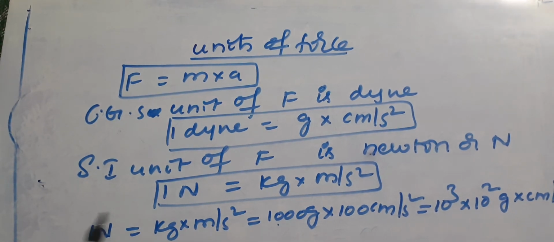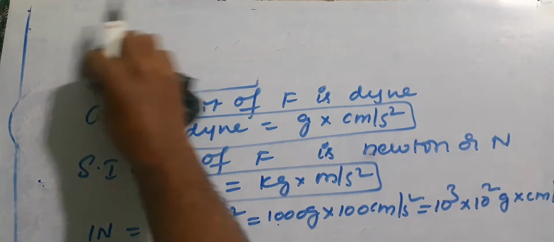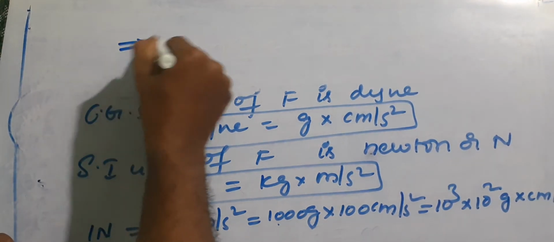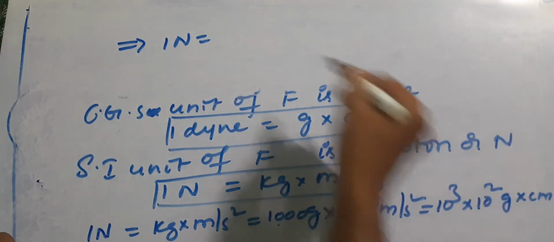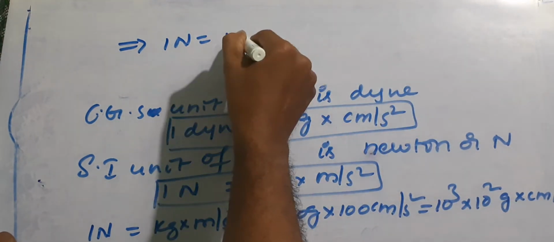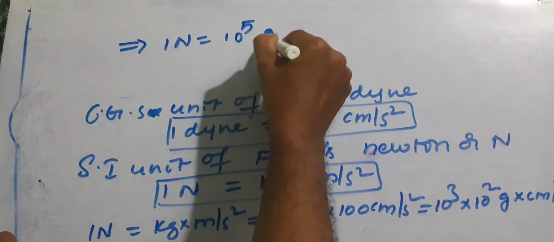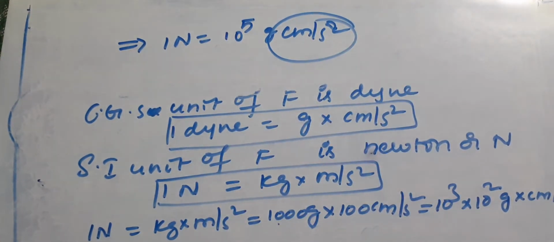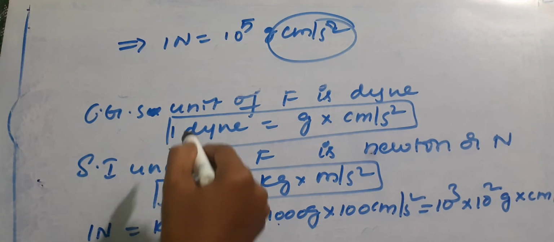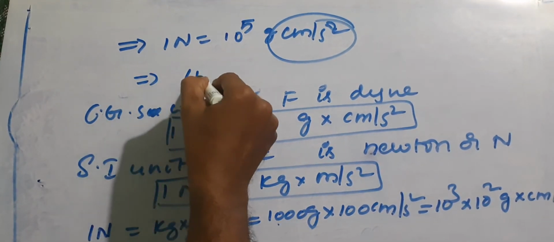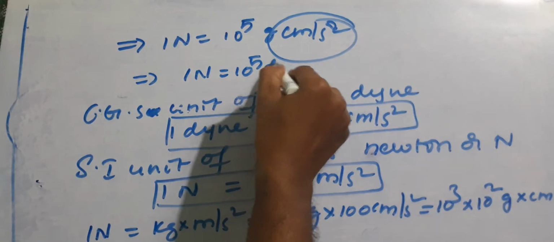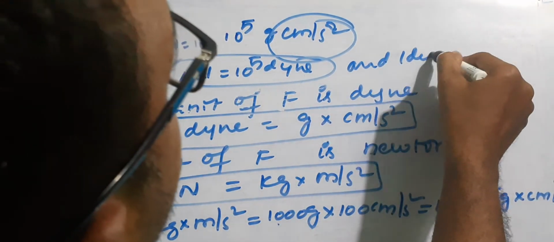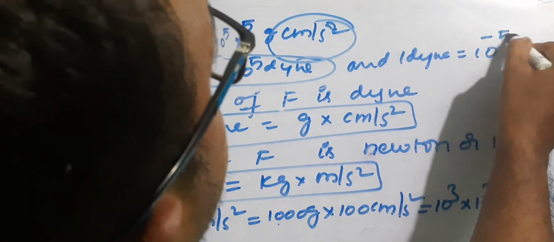So 1 Newton is equal to 10 cube times 10 square, which is 10 power 5 gram centimeter per second square. But we know that gram centimeter per second square is equal to 1 dyne. So this implies 1 Newton is equal to 10 power 5 dyne. Similarly, 1 dyne is equal to 10 power minus 5 Newton.